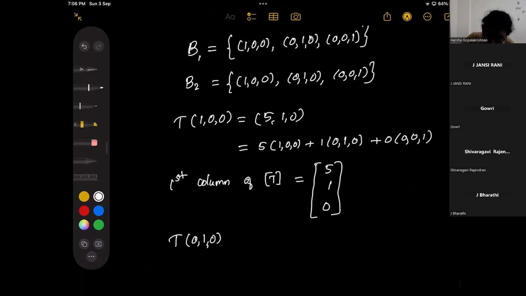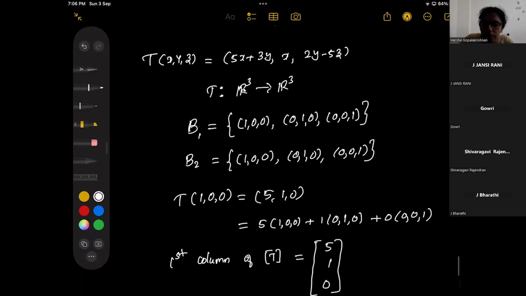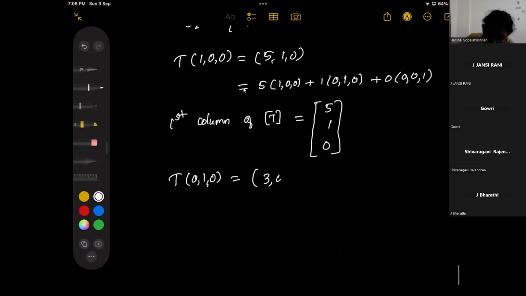We can go very quickly now. This is the T map. 3 0 2. Now, how can we write it as a linear combination? 3 into 1 0 0 plus 0 into 0 1 0 plus 2 into 0 0 1.